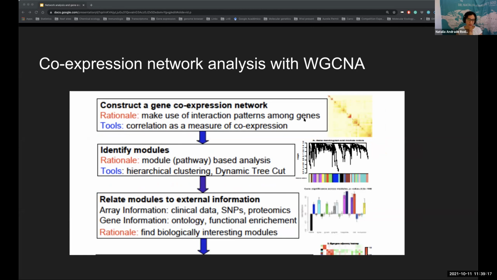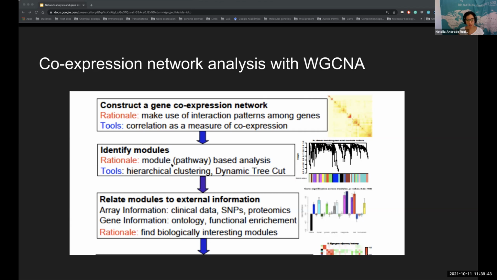Then after that, you already have your modules that are found with this module identifier, or clustering that uses hierarchical clustering. And once you have this group of genes, you need to give them some significance.